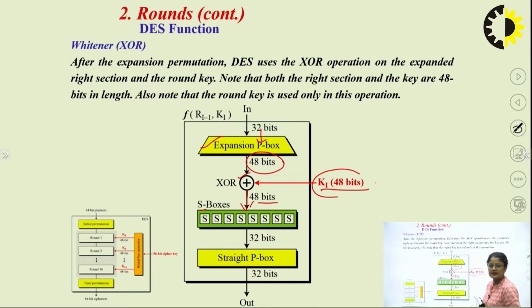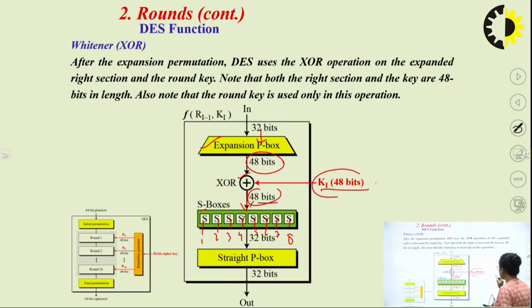Now S-box is a substitution box. If you remember the concept of substitution box, I'll just brush up a little bit about it. How many such S-boxes are we having? 1, 2, 3, 4, 5, 6, 7, 8. 8 such S-boxes. How many inputs? 48-bit input is fed to 8 S-boxes, right?